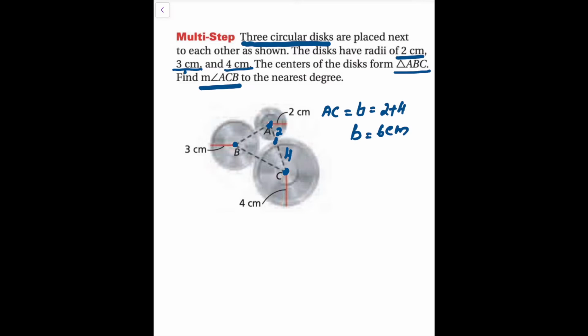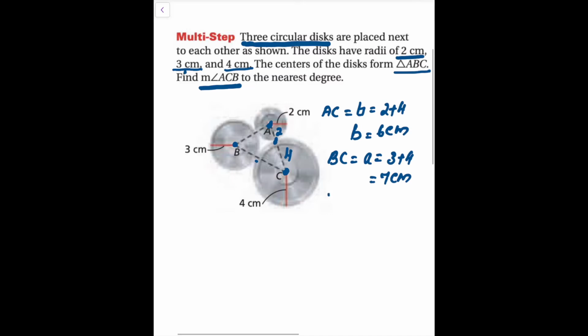Like that, you can figure out all the three sides, and BC will be the side opposite to angle A, so that's lowercase a is equal to 3 plus 4, which is 7 centimeter.